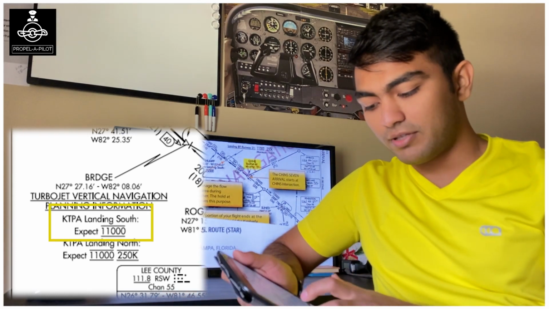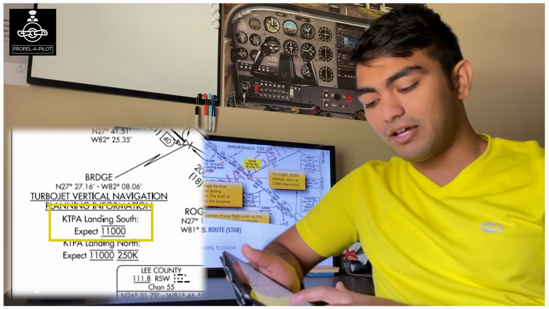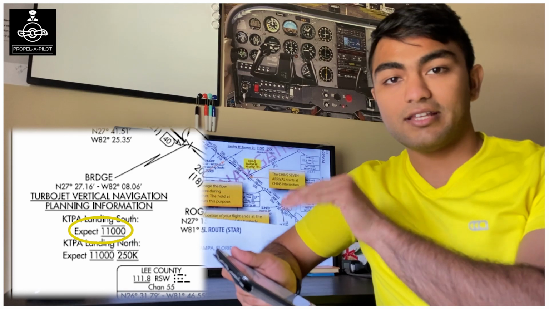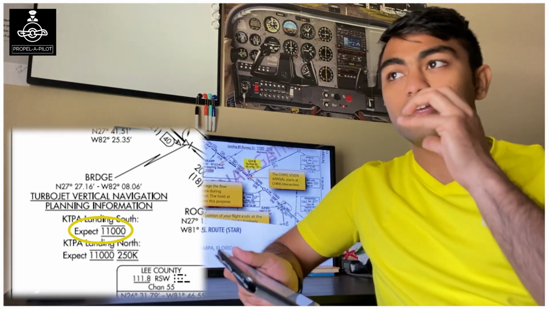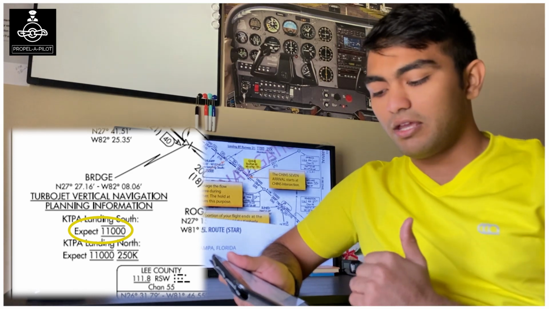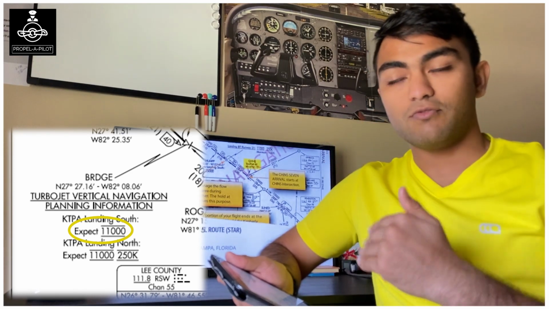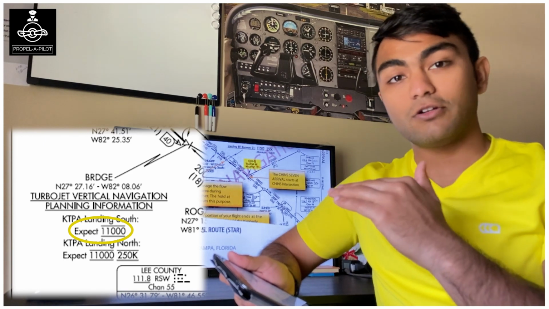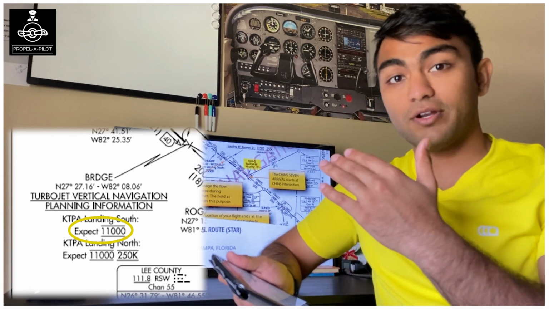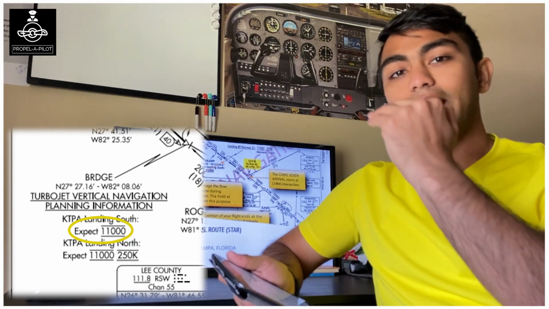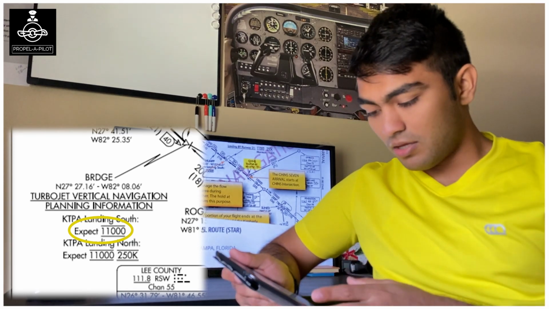KTPA landing south, expect 11,000. When 11,000 has a line underneath and above it, it means expect 11,000 exactly. If it had a line just below it, it would mean expect at or above 11,000. If it had a line above 11,000, then it would mean expect at or below 11,000.